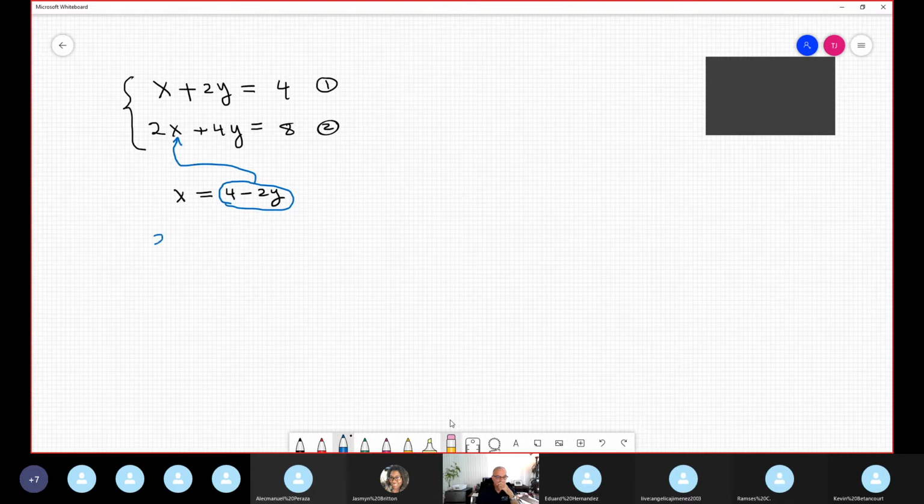We have 2 times parenthesis 4 minus 2y plus 4y equal 8. Now we have a new equation that contains only one unknown, y. You apply the distributive property. We have 8 minus 4y plus 4y equal 8.